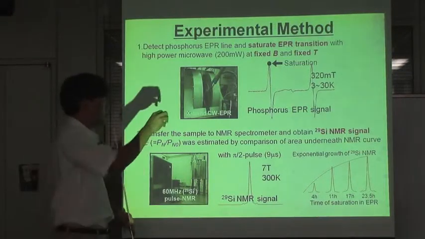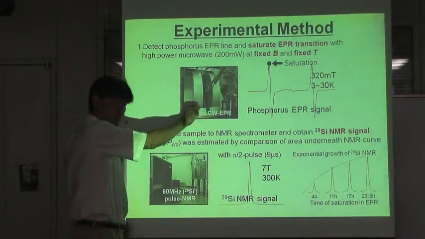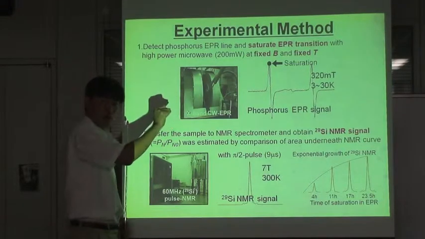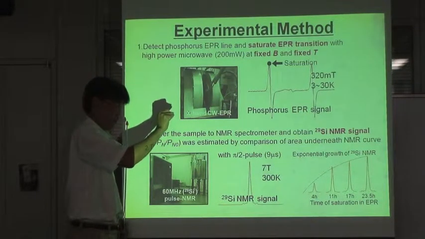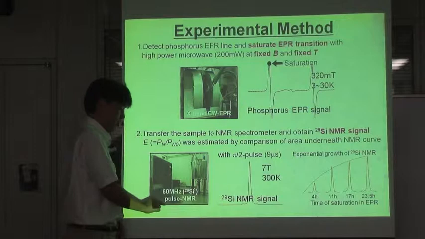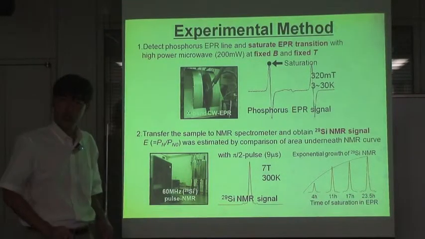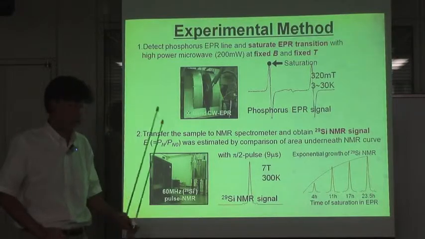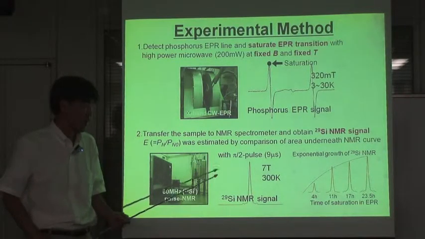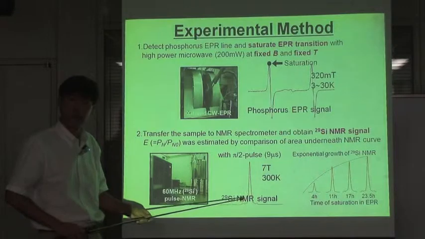And then once waiting is completed, we take the sample out of the EPR machine, out of the cryostat, and transfer it to the pulse NMR machine nearby, and set the sample in the NMR equipment. The measurement is performed at room temperature.